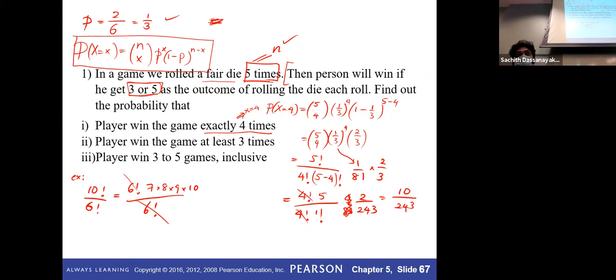This value is about 0.04, not exactly 0.04, but you will have many other decimals.